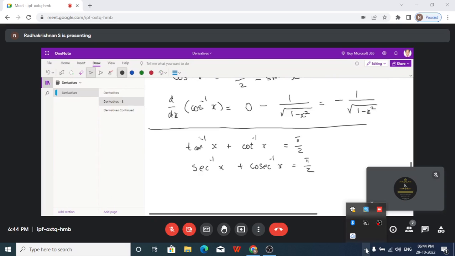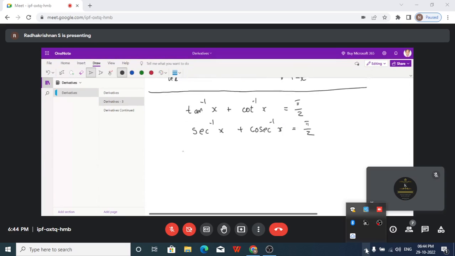Okay. So it is enough if we find the derivatives of tan inverse and secant inverse. Then just put a negative sign for cot inverse and cosecant inverse. So let's do for tan inverse. Now let's do from the basics.